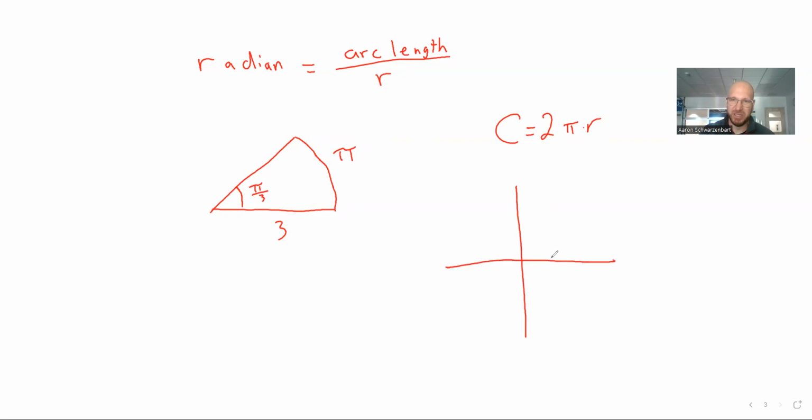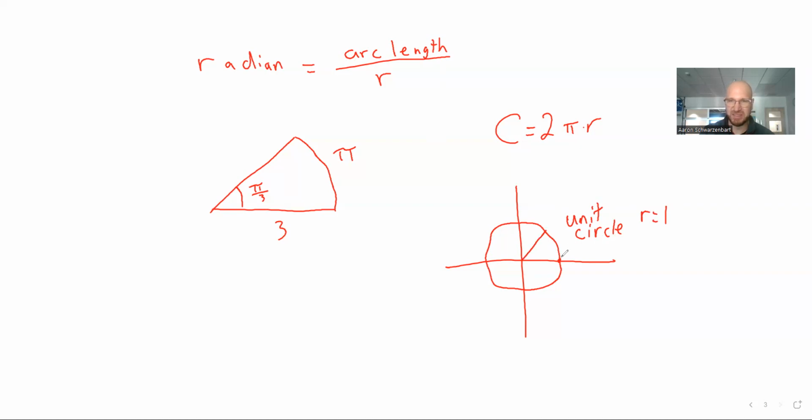We have this thing that we'll be introducing later, called the unit circle. We'll go into more depth on this. It's a circle of radius 1.